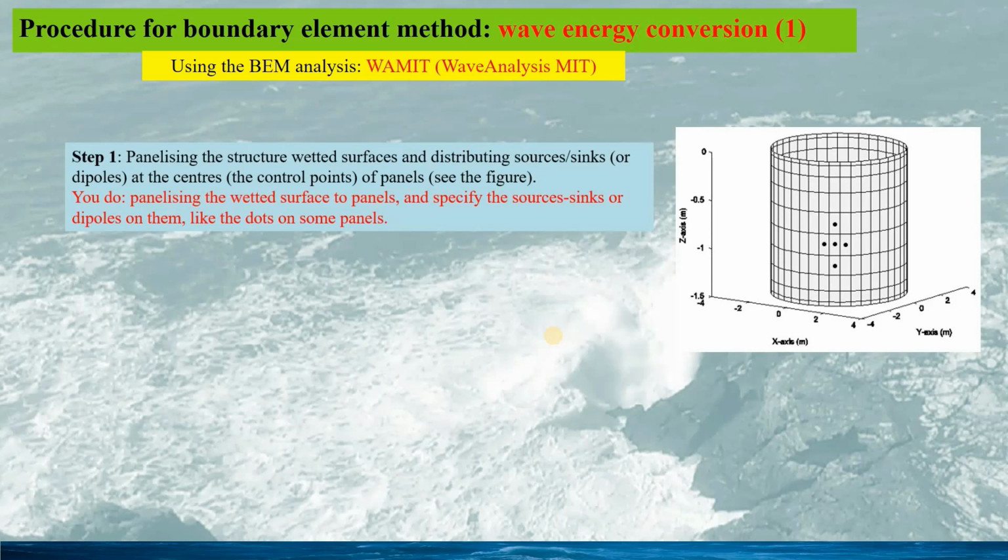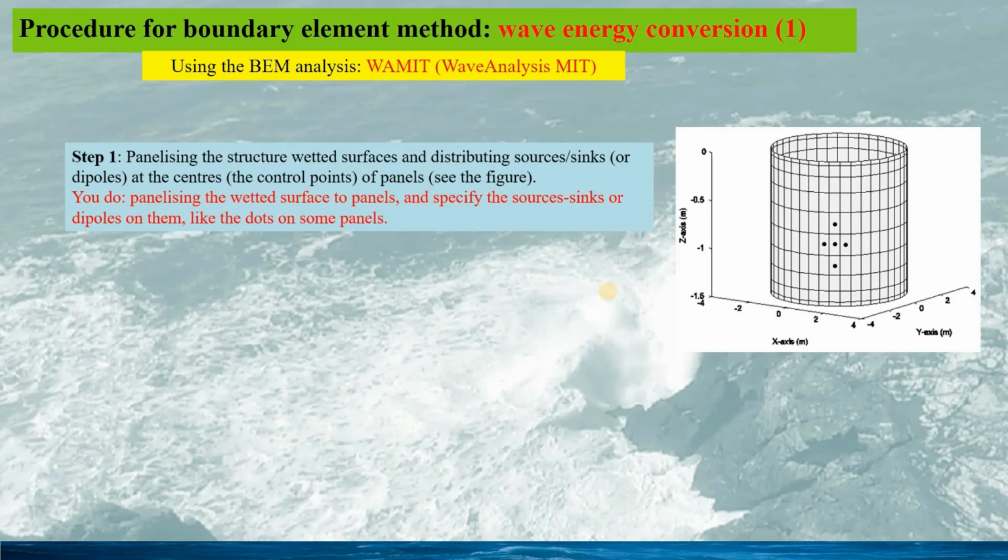In the next 2 slides, a summary will be shown of how we can use the BEM codes for studying wave energy conversion. Generally, for practical wave structure interaction problems, the linear solution is very good and reliable.